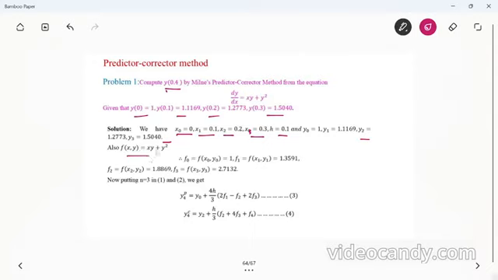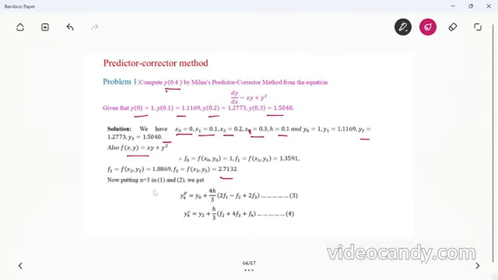Also, f(x,y) = xy + y square, therefore f0 = f(x0,y0) = 1, f1 = f(x1,y1) = 1.3591, f2 = f(x2,y2) = 1.8869, and f3 = f(x3,y3) is found in the same way.